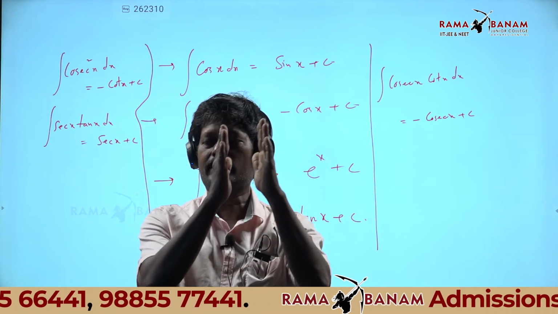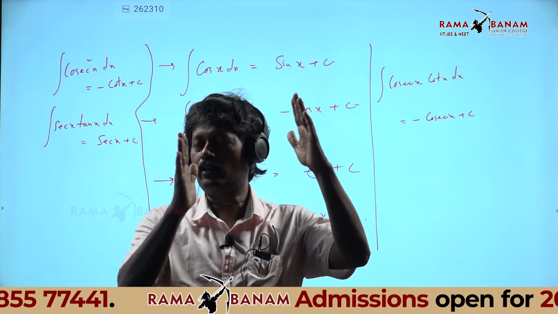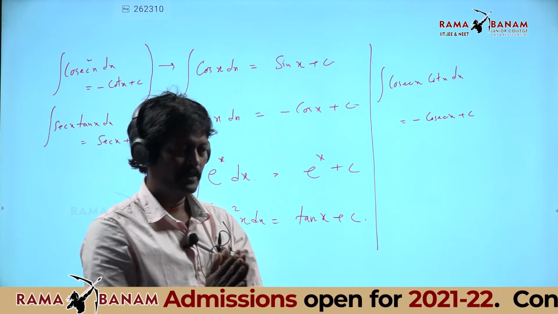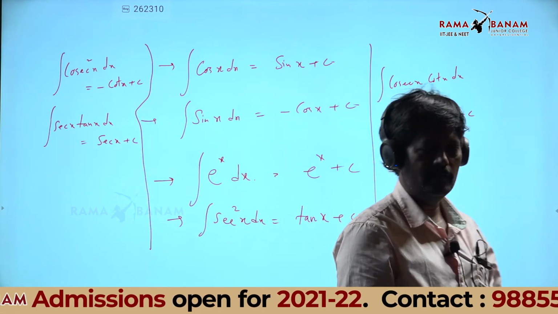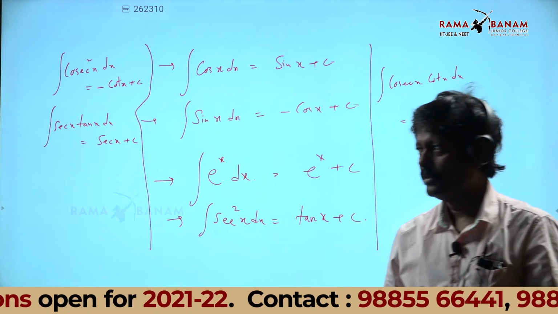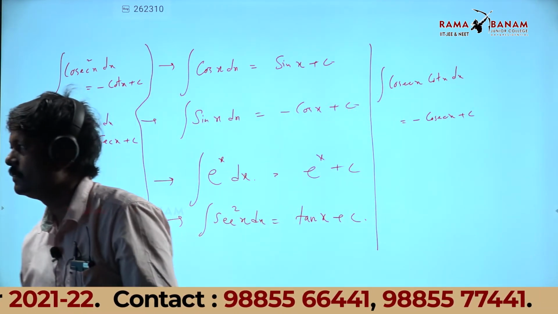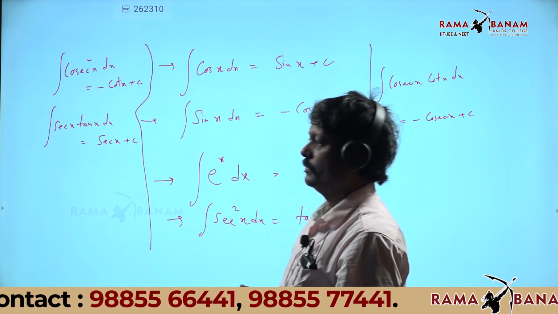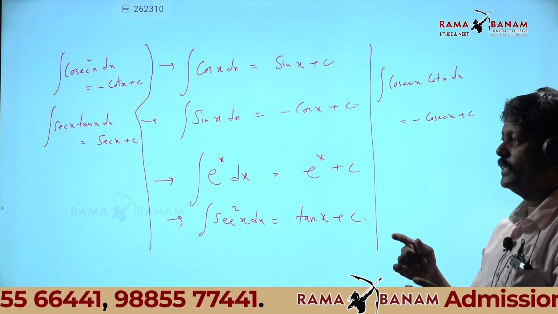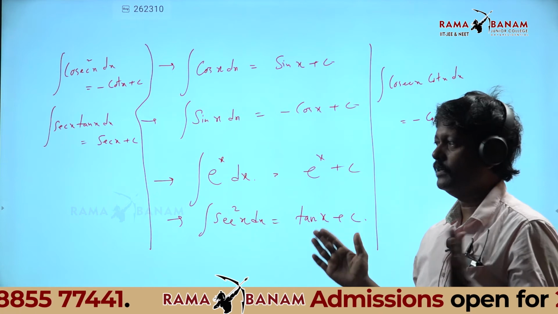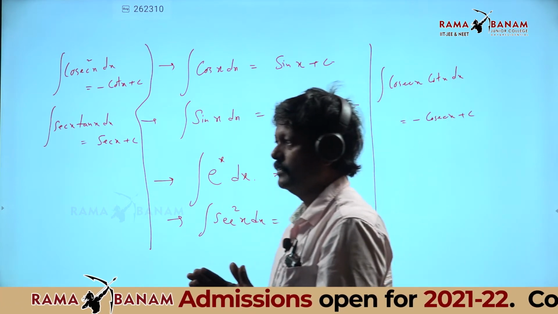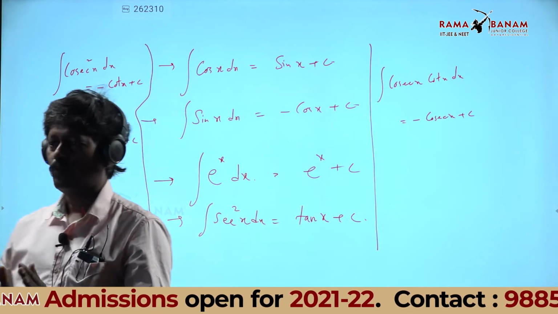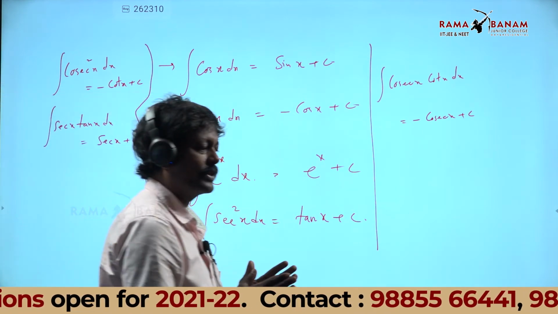If you go on adding all the y dx, you get the total area. Integral y dx means you will get the total area under the curve.